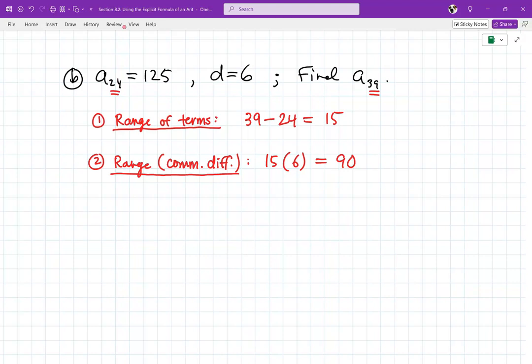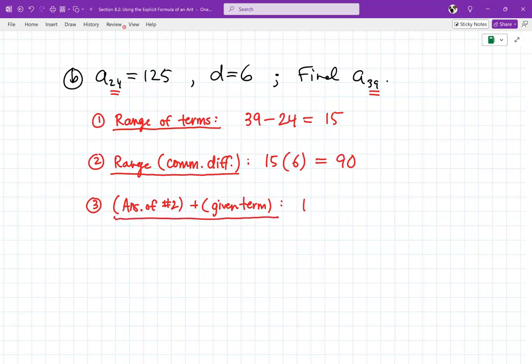So step 3, get your answer for number 2 and add it to the value you were given in the beginning, right? So I'm just going to kind of write it the way I did it before. So answer of number 2 plus given term. Okay?